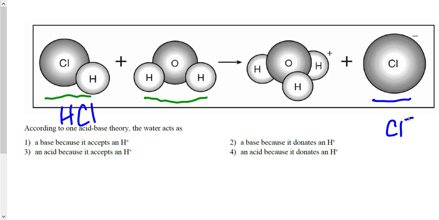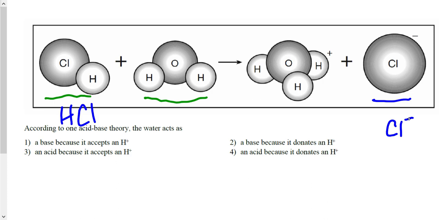Based on my understanding, and I'm not trying to think in terms of chemistry, in this case, I noticed that I'm missing the letter H. Before I had HCl on my left side, now I just have Cl on my right side. So I'm missing the letter H. In terms of chemistry, that means I'm missing an H plus ion.